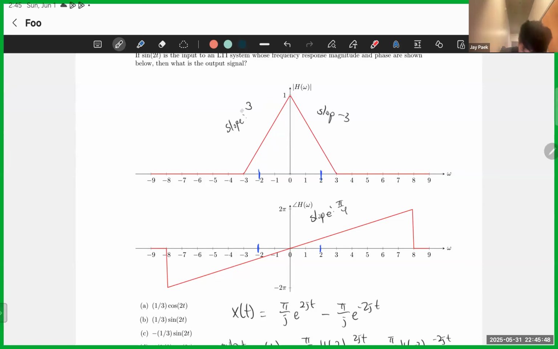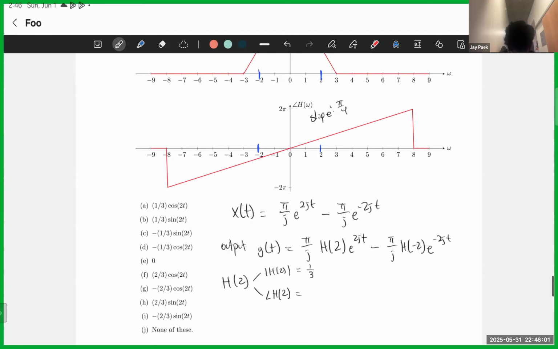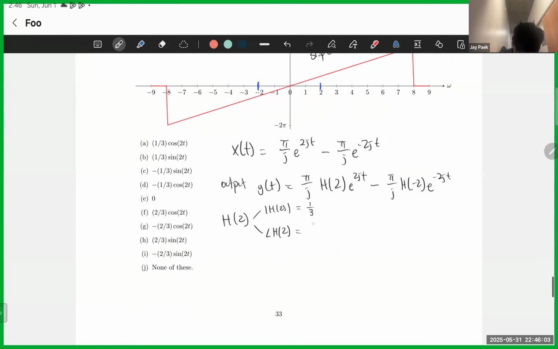Oh my God, it's not 3. It's actually negative 1/3. Sorry, I got tripped by the scaling. Please be careful of scaling. Anywho, and that one's also right. That's good. And so for this it should be pi over 2. Therefore, we know that this is just equal to 1/3 e to the pi over 2 j.